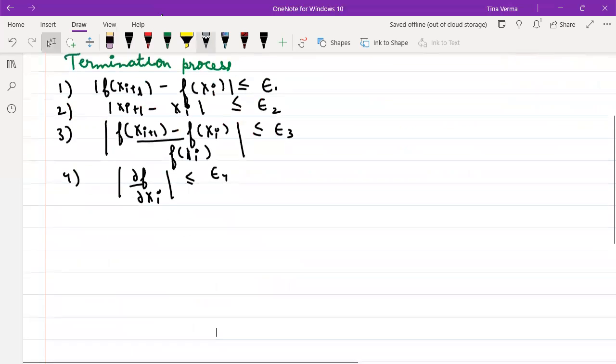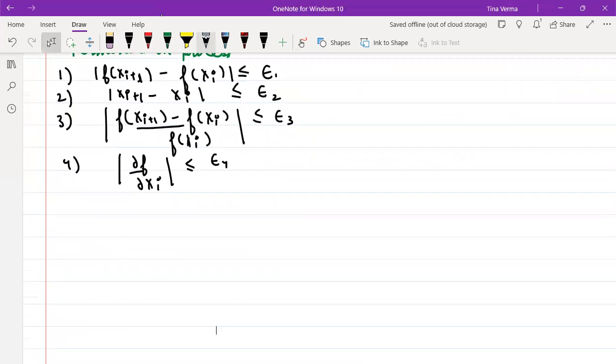So we will start the example. Instead of writing the steps, it would be better to go through the examples.